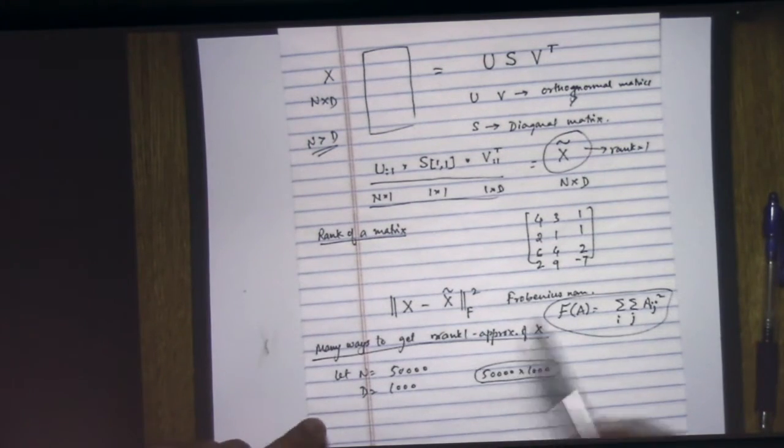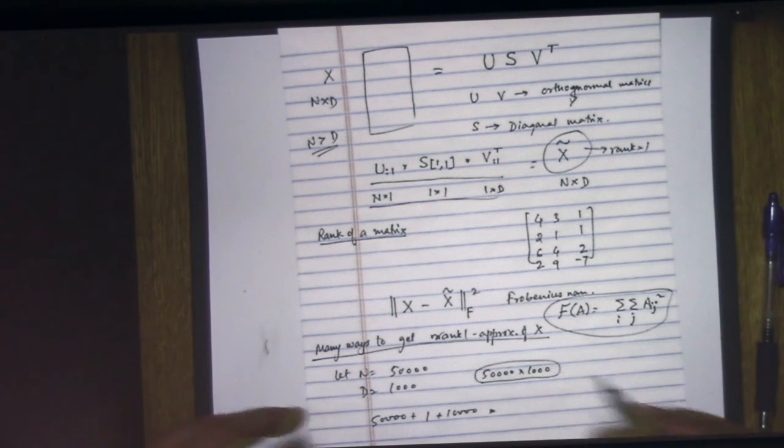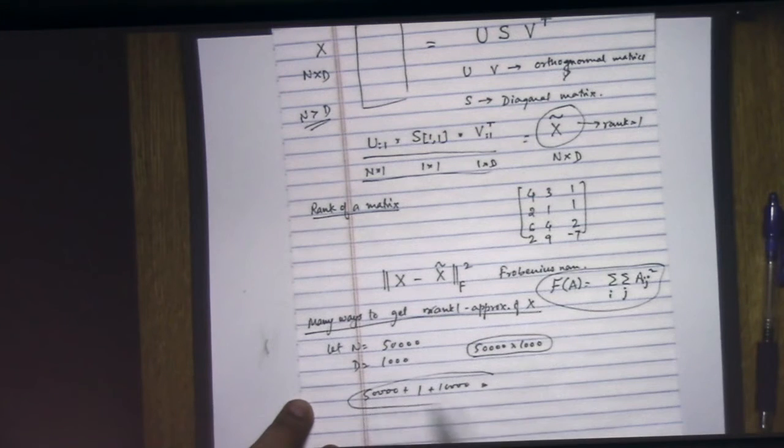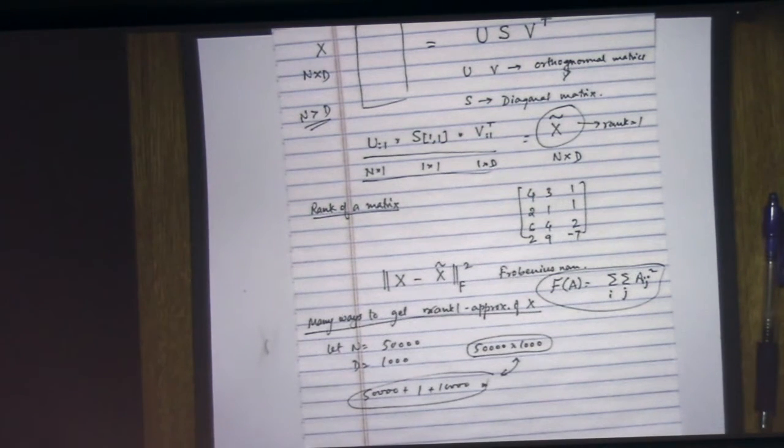But instead of that, if I just maintain these things, then I need 50,000 plus 1 plus 1,000 entries, which is much less than this, right? So this is the benefit of SVD, that it gives you so much compression while ensuring that the loss that you incur is the least among all possible compression.